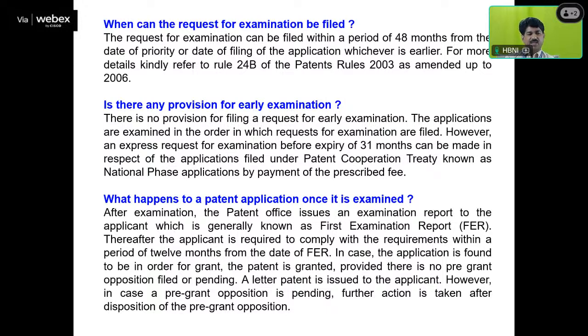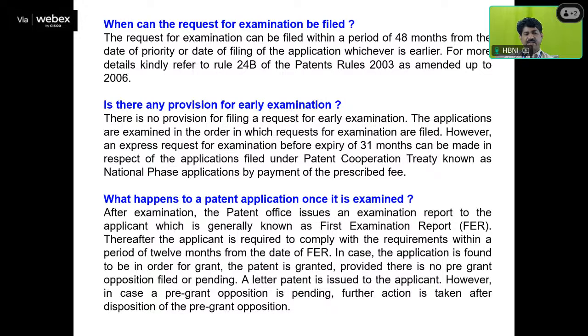However, an express request for examination before expiry of 31 months can be made in respect of an application filed under the Patent Cooperation Treaty, known as a National Phase Application, by payment of the prescribed fee. So under the Patent Cooperation Treaty, a certain relaxation can be given.